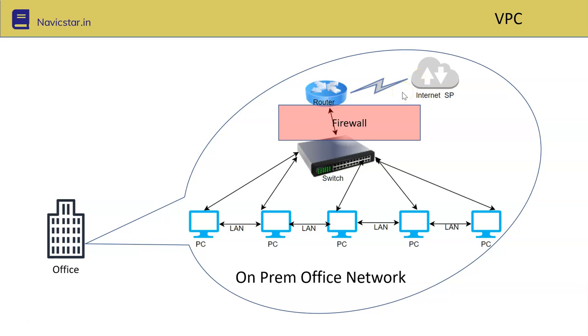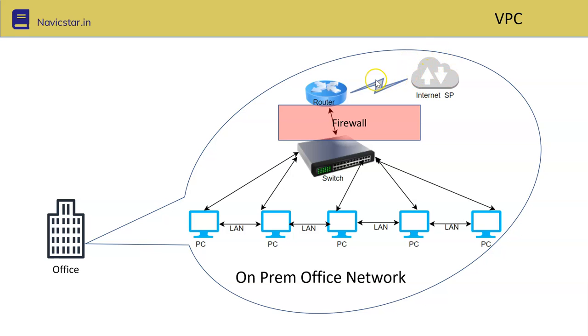I'm not saying it's a perfect diagram, but it's a basic building block that I wanted to share so that you can understand what we are going to talk about and how it looks in the Amazon VPC. So this is your on-prem office network infra. You have PCs or servers connected over a LAN through switches, in turn connected to a router, with some kind of internet service provider, broadband service, Tata, Reliance, Bharti. There are many service providers, Vodafone, right?